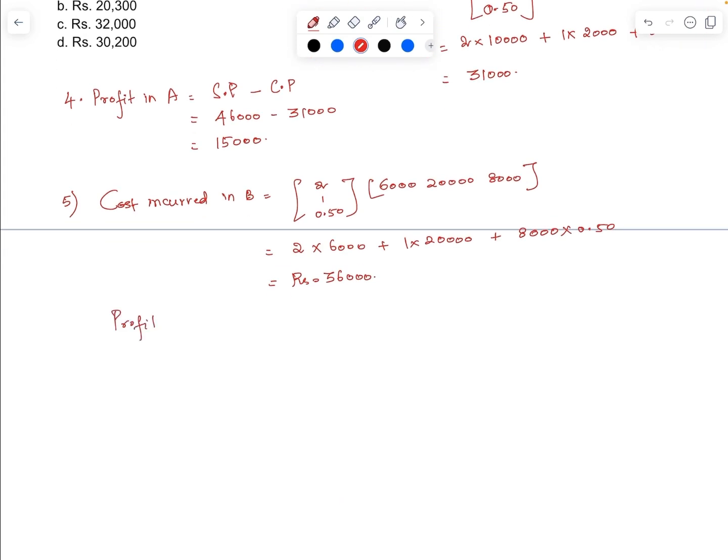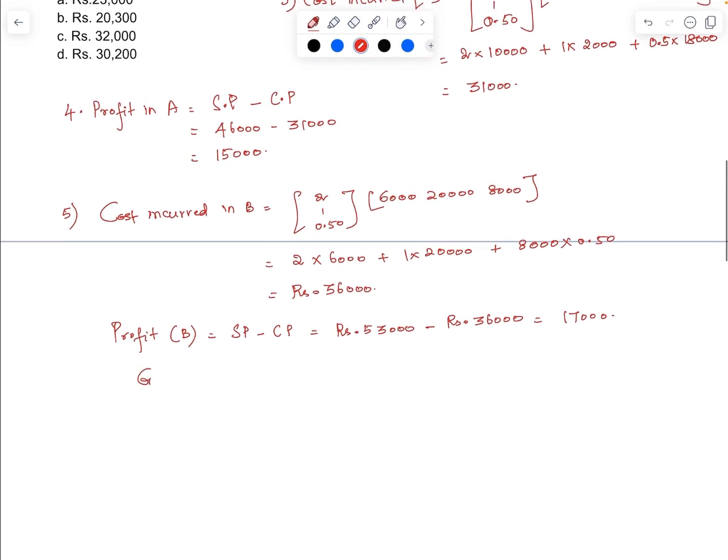Profit in market B is equal to the selling price minus the cost price of market B. Selling price is 53,000 minus 36,000, which is 17,000.